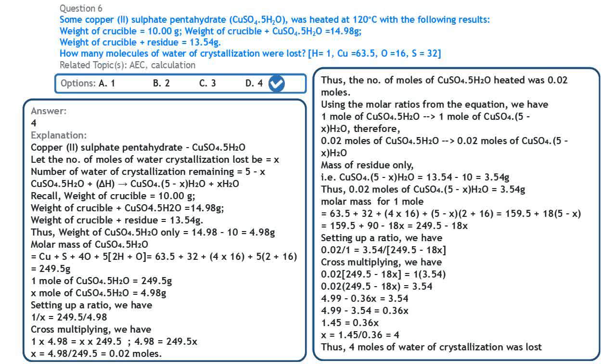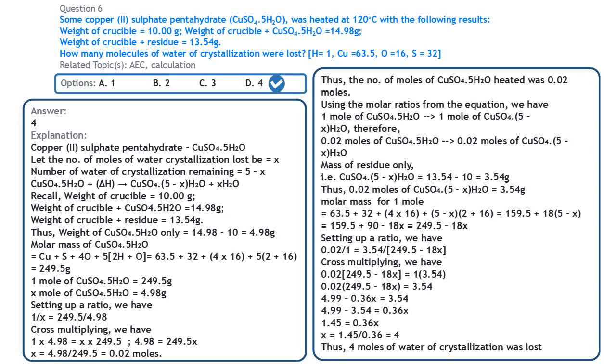So the weight of the copper 2 sulfate pentahydrate only, we get by subtracting the weight of the crucible from the weight of the crucible and the copper 2 sulfate pentahydrate.